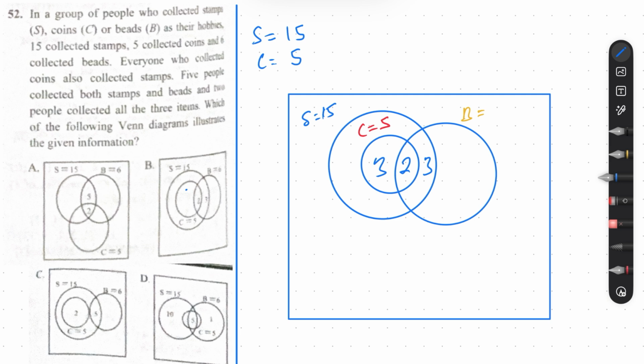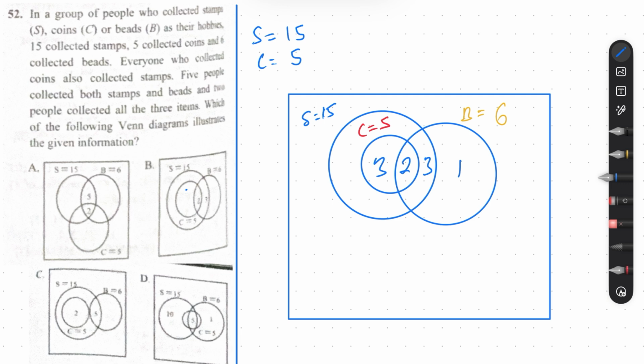We know that beads is 6, because we've been given in the question that 6 collected beads. So if beads is 6, what is left here? We already have 2 here, we have 3 here. So if you add 2 and 3, that gives us 5, plus x should give us 6. That means x will be equal to 1. So here should give us 1.